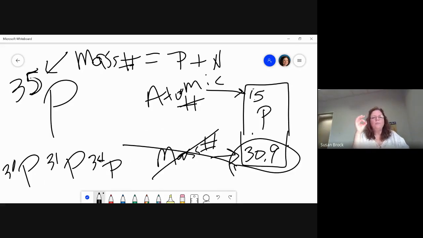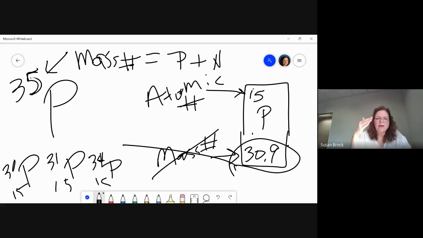Those are all isotopes. Isotopes have different numbers of neutrons. Same amount of protons. All of these have a proton number of 15. But they have different amounts of neutrons.